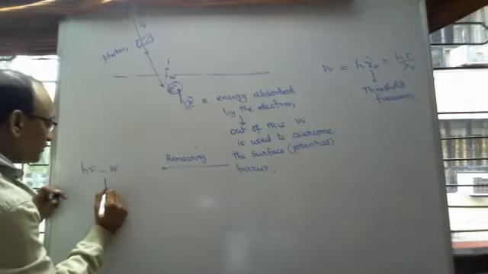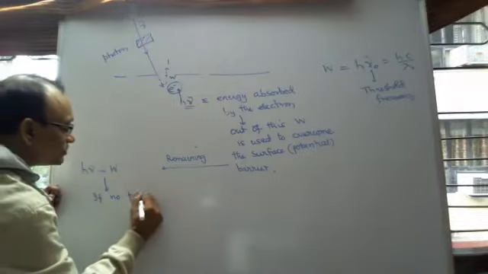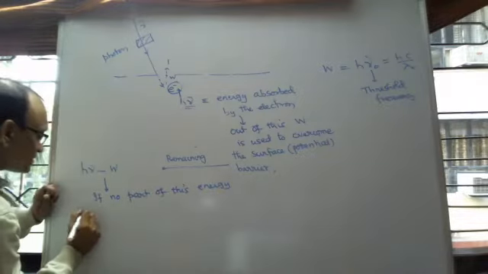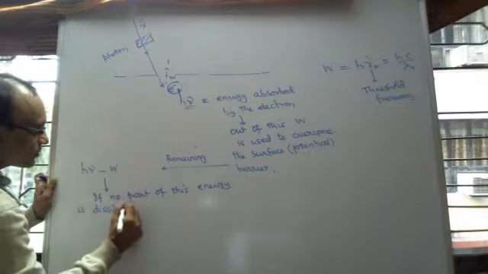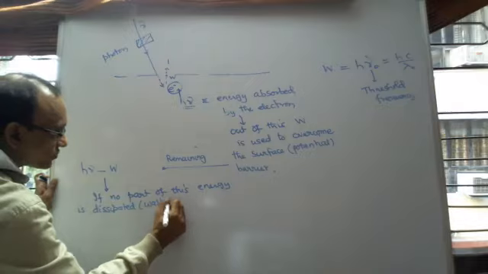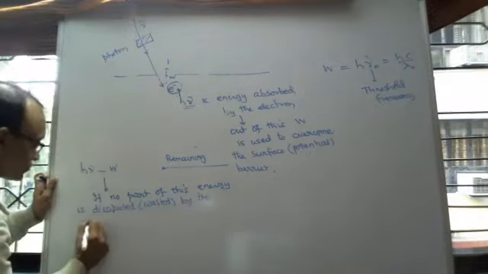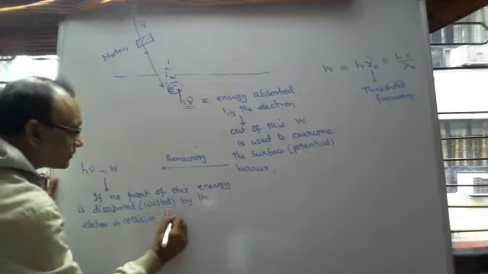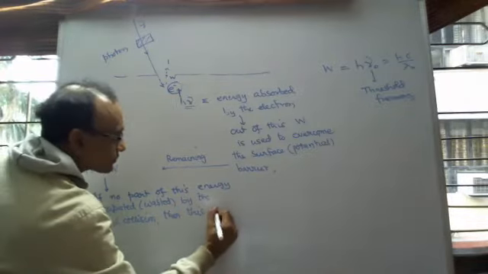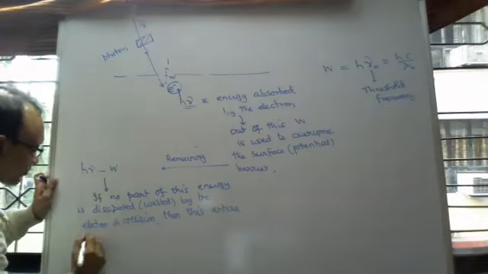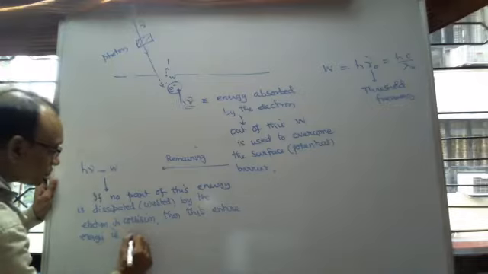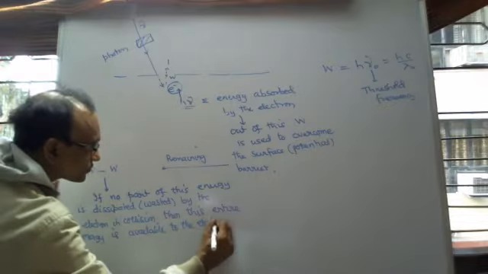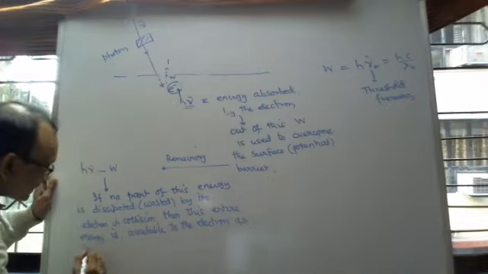That means if no part of this energy is dissipated or wasted by the electron in collisions, then this entire energy is available to the electron as kinetic energy.